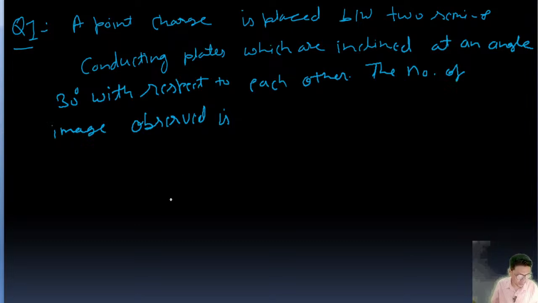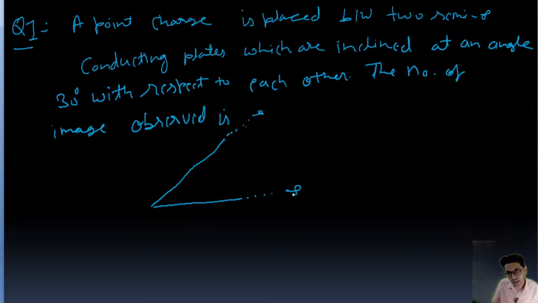Okay, so I'm going to solve it. Suppose these are two semi-infinite conducting plates, one is this and one is this. This is infinite and this is also infinite, semi-infinite.